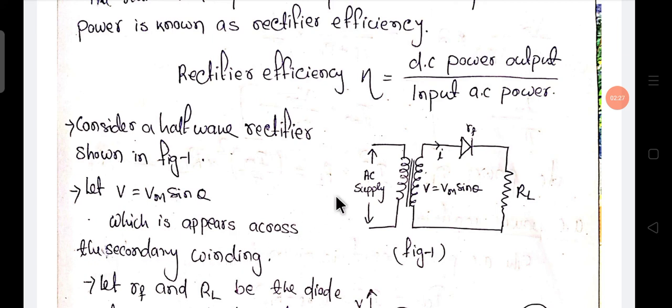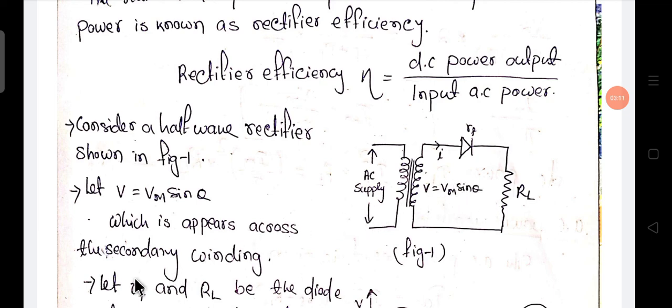This is the AC supply applied to the primary winding of the transformer, and in the secondary winding we get the input signal voltage V equal to Vm sin theta, because it is an AC signal, which is in sinusoidal form.